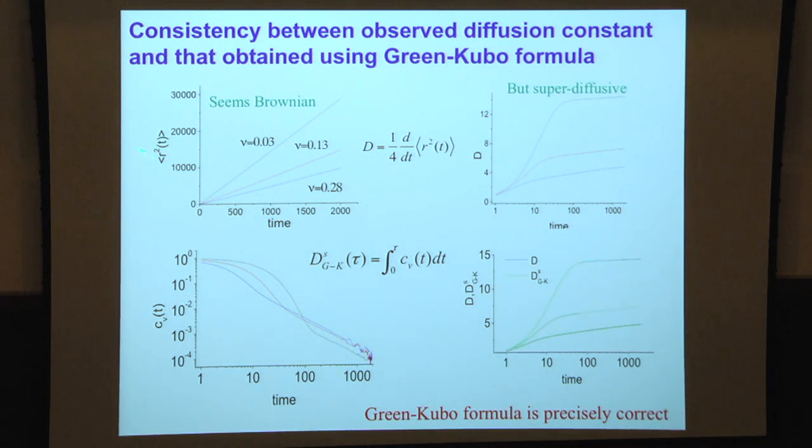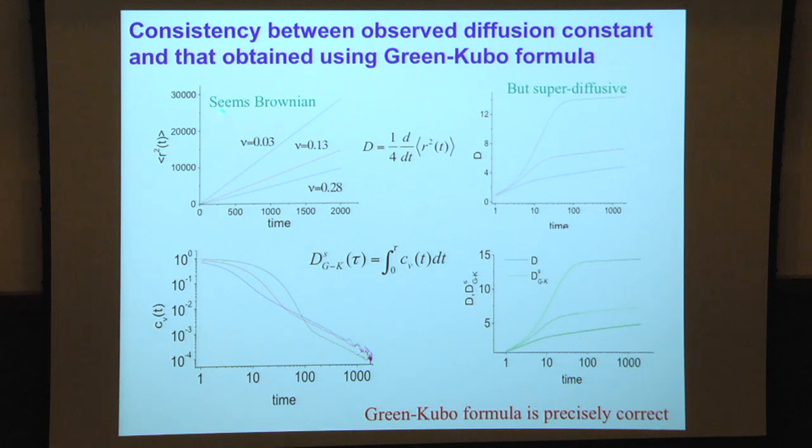By tracing target particles, we can obtain the mean square position as a function of time. You find in all these cases, it seems you obtain linear time-dependent relations.